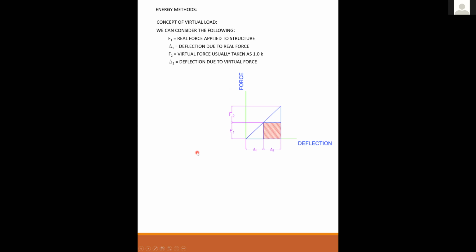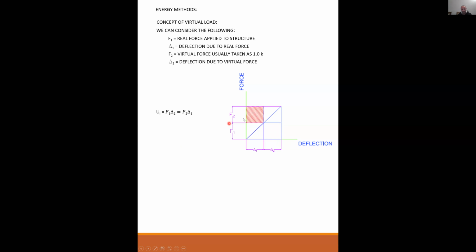So again, here's my force deflection. But now think of F2 as an imaginary 1 kip force. Delta 2 is the deflection due to the imaginary 1 kip force, and F1 and delta 1 are the real force and real deflection. So the internal energy we're going to say is equal to F1 times delta 2. That's this square here.